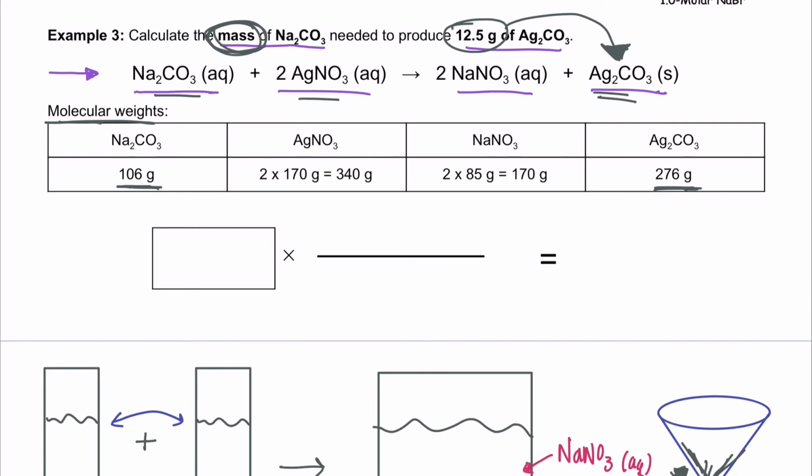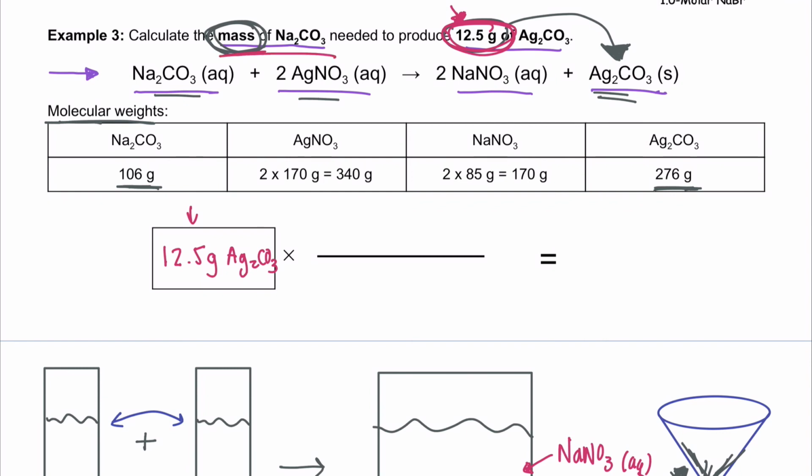That's a conversion factor. So as always, we start with our given into the box, and our given is the number. Remember, this is something we've decided upon. So we said, I want 12.5 grams of this. And then we need to fill in the conversion factor.